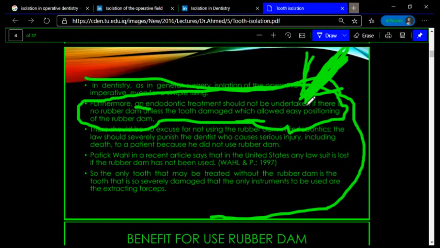I repeat, endodontic treatment should not be undertaken if there is no rubber dam.